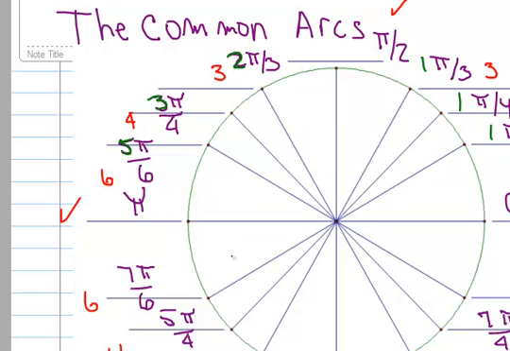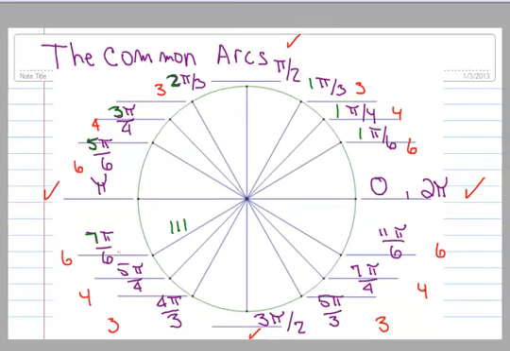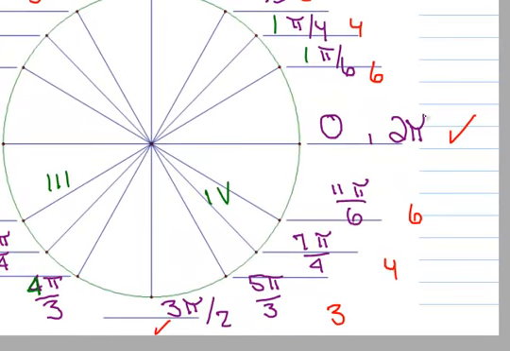Let's go down here to quadrant 3 and look at the numerator. 7 is 1 more than 6. 5 is 1 more than 4. And 4 is 1 more than 3. That's how I remember quadrant 3. And then when I go over here to quadrant 4, I think to myself, okay, this 2 pi in terms of 6, that's 12 pi over 6.